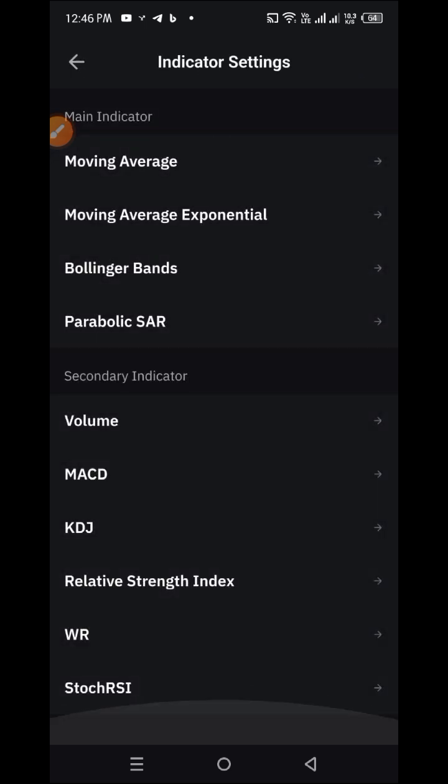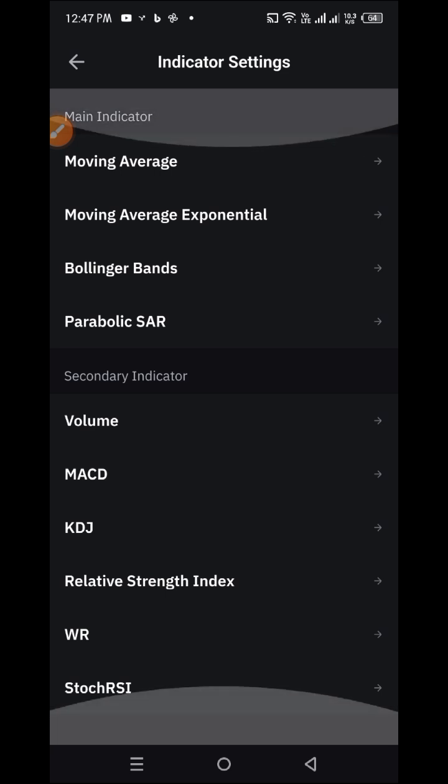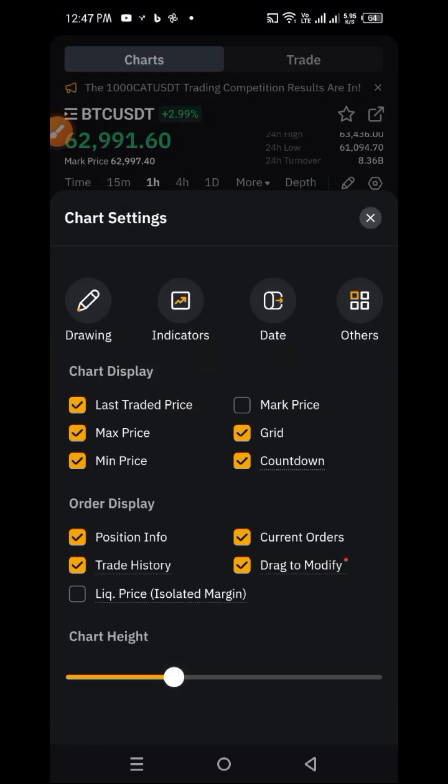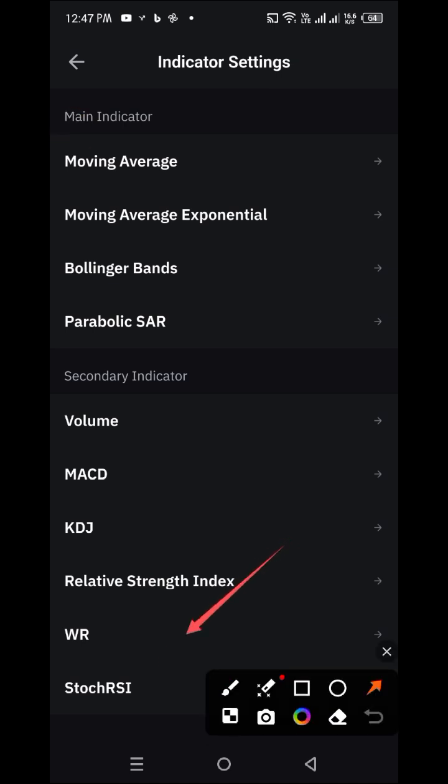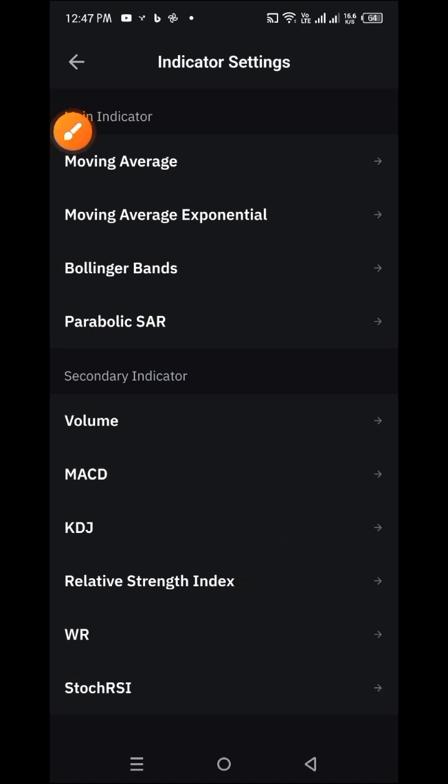So you have the moving average, the Bollinger Bands. Then this is the RSI.